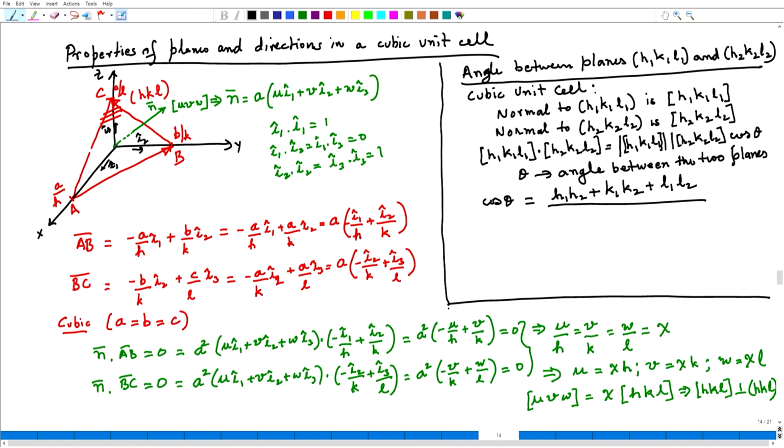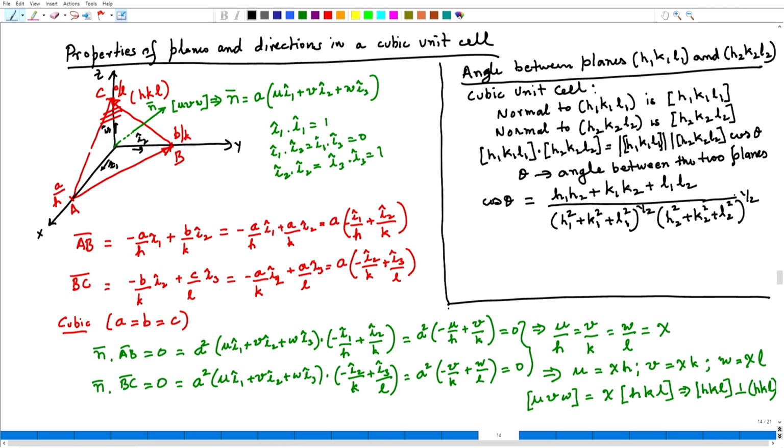And what is the magnitude of a vector? You take the sum of the squares and take the square root. So, it would be H1 square plus K1 square plus L1 square to power half multiplied by H2 square plus K2 square plus L2 square to power half.